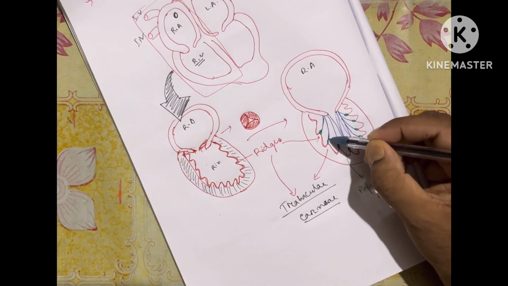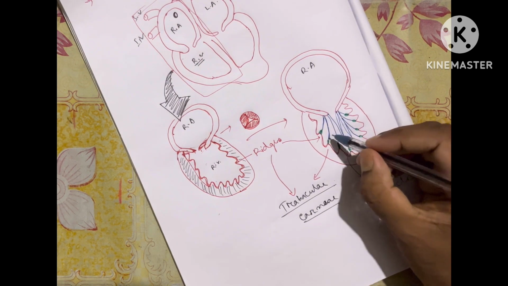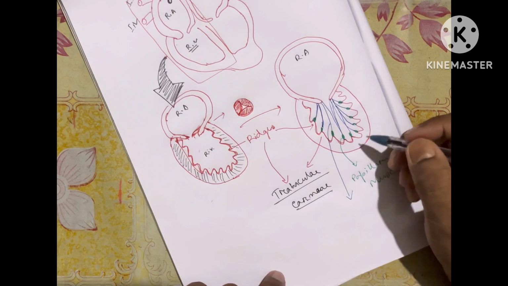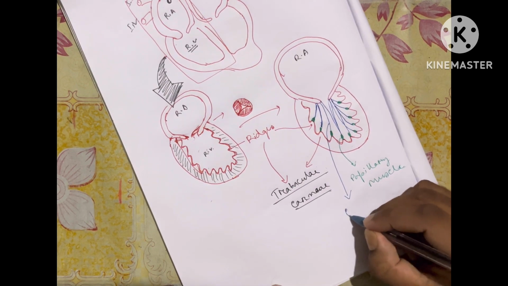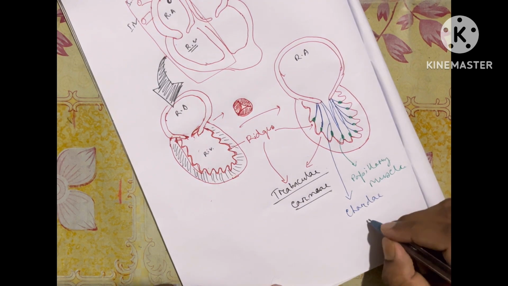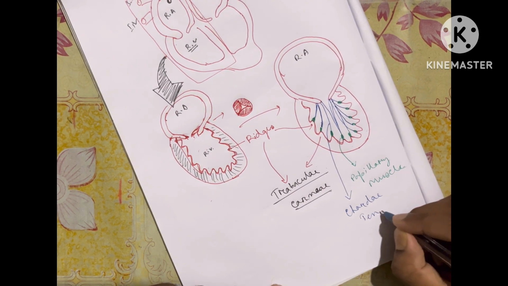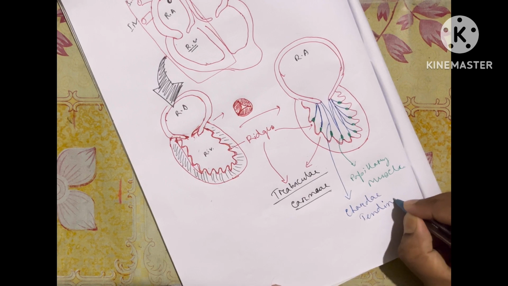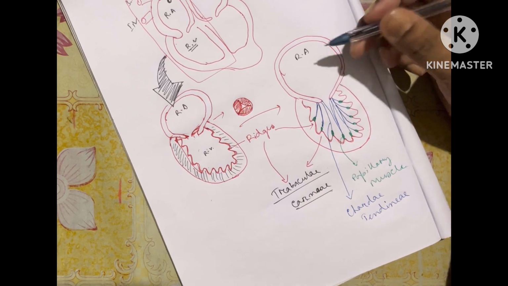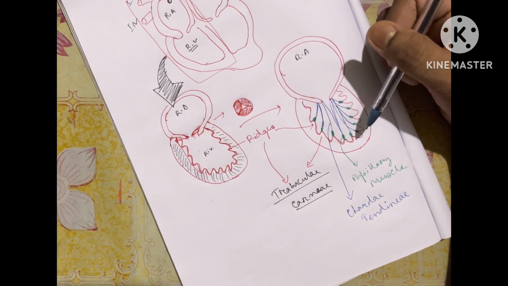Those filaments or tendon-like structures have another name, which is called the chordae tendinae. What is the name of that particular tendon-like structure? They are called chordae tendinae.